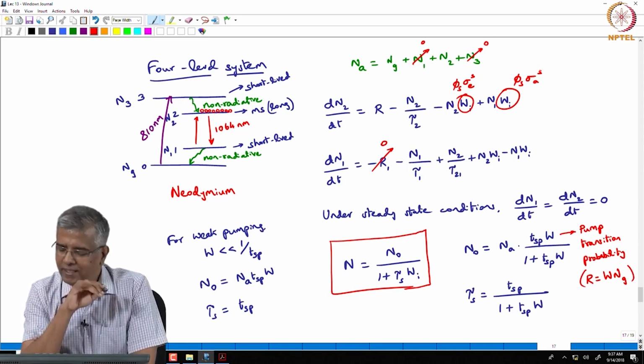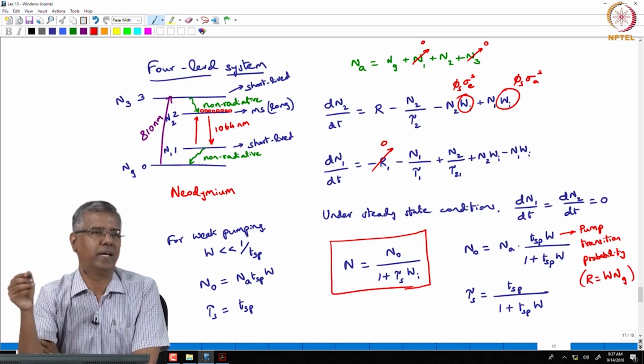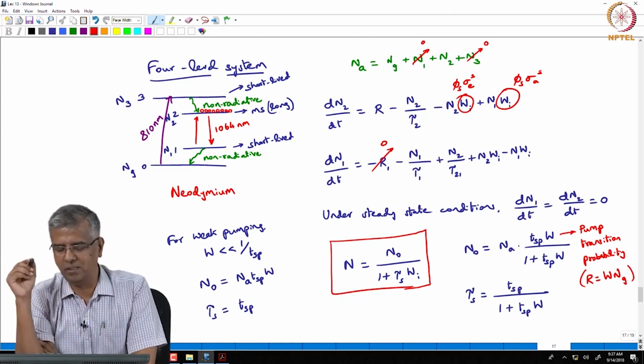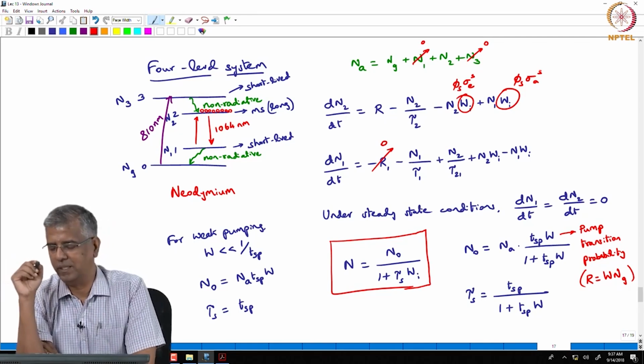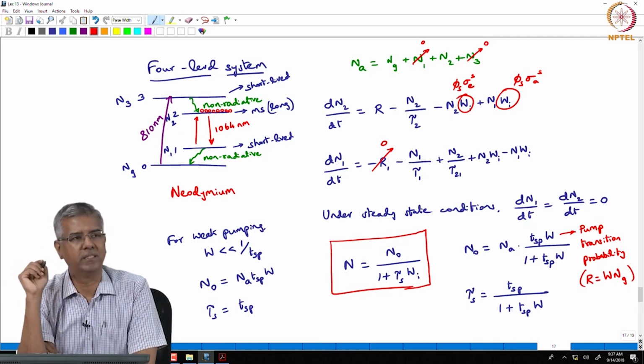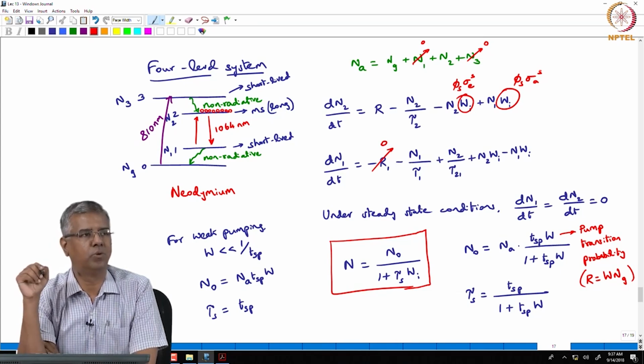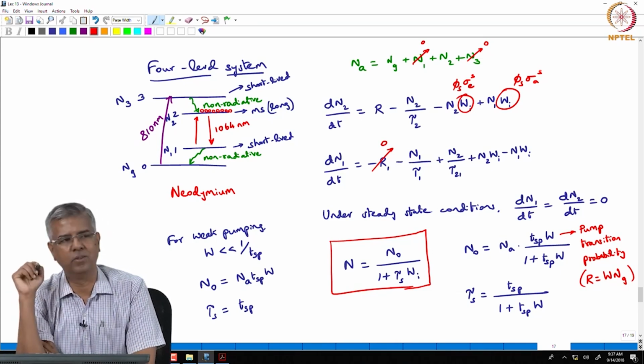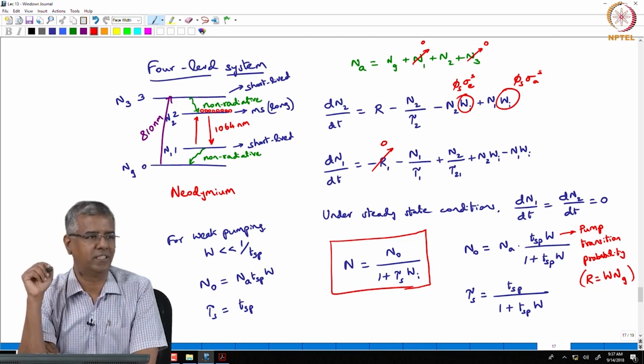That allowed us to get some more insights into this amplifier system in a simplistic manner, but time has come now to get rid of that assumption.